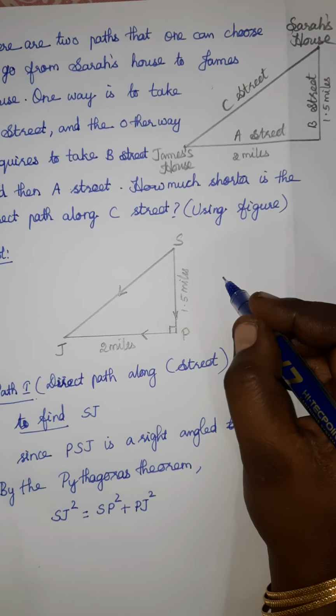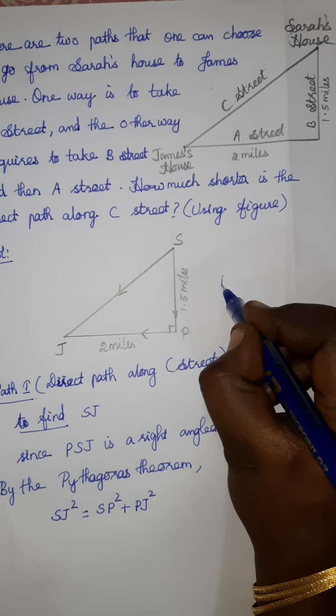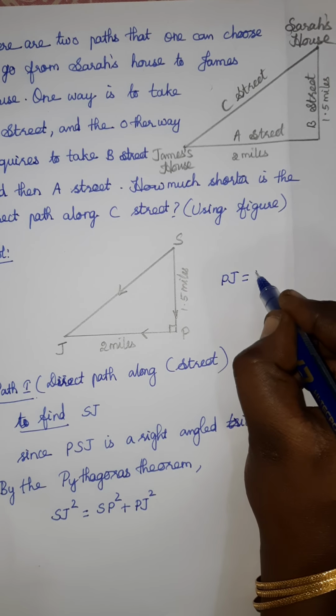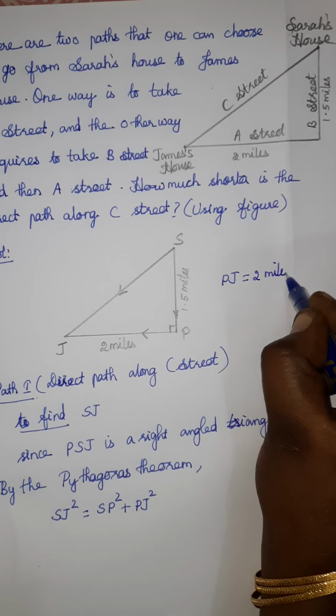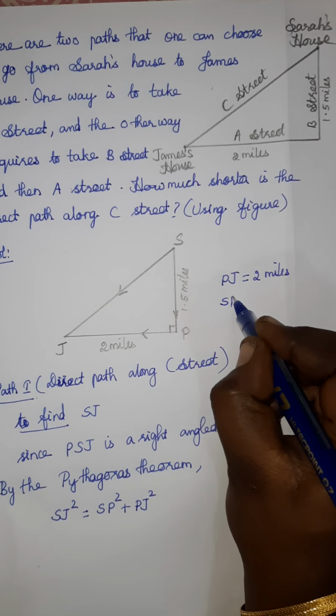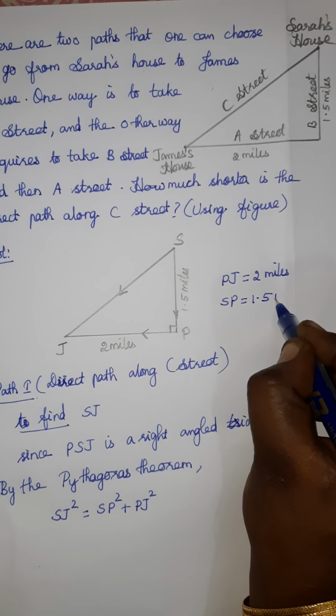Near the diagram, you write PJ is equal to 2 miles and SP equal to 1.5 miles.